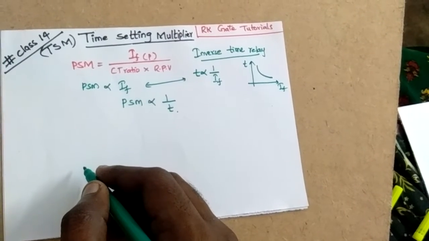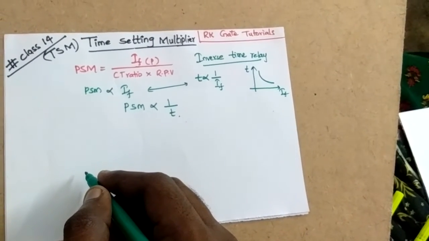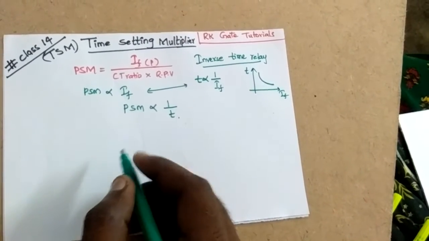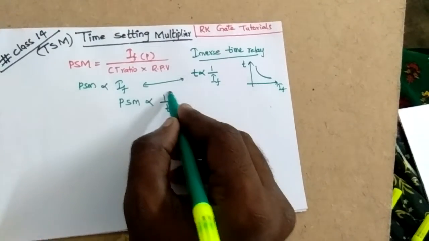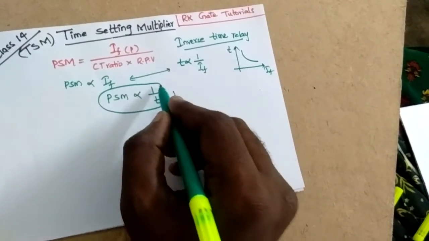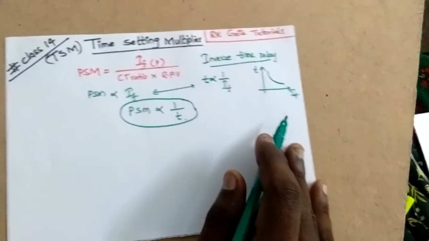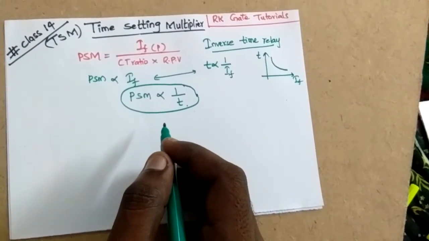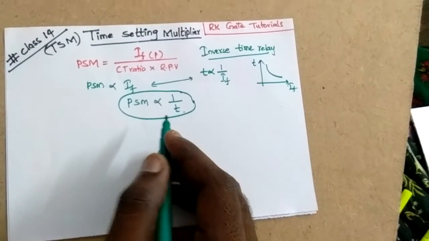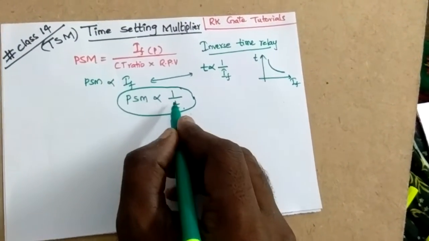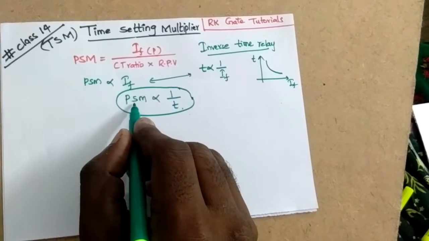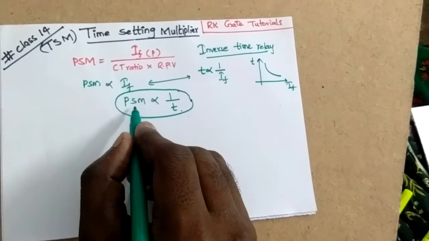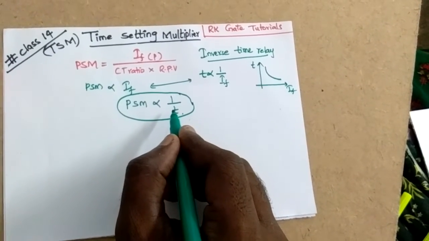This is a relation we can deduce from the information which we have. So the time of operation is inversely proportional to the plug setting multiplier, or the plug setting multiplier is inversely proportional to the time of operation, whatever it may be.